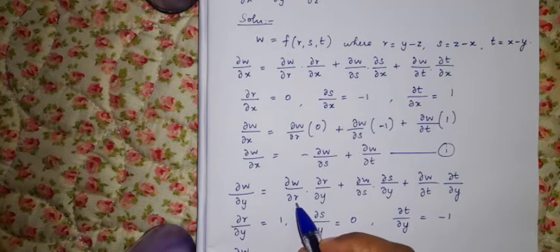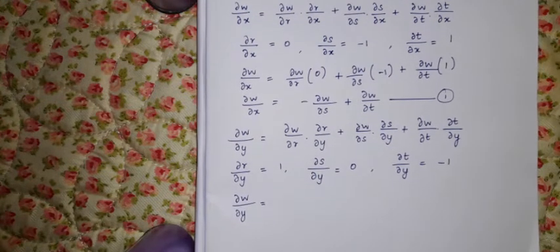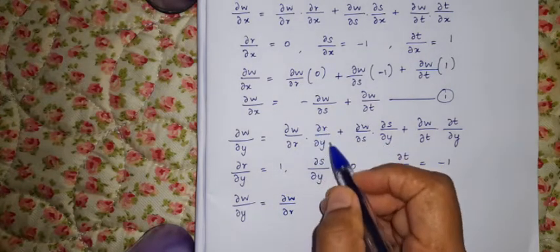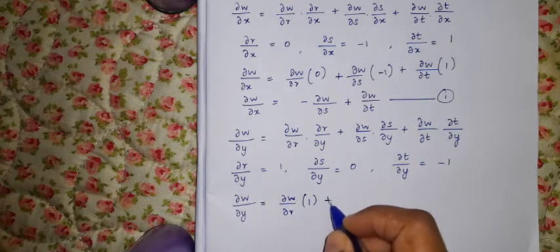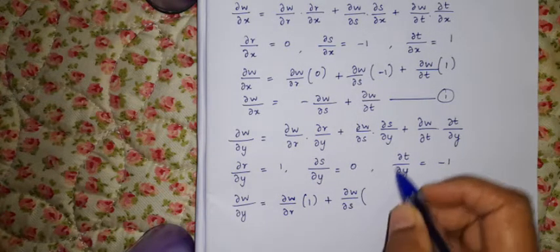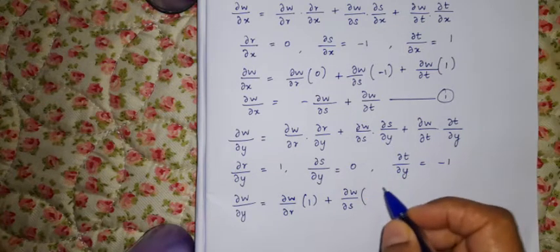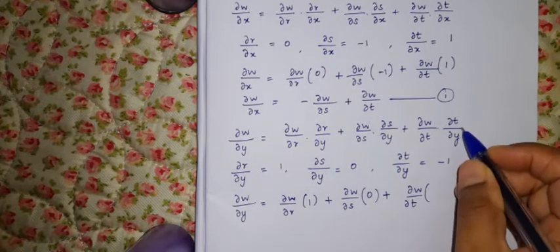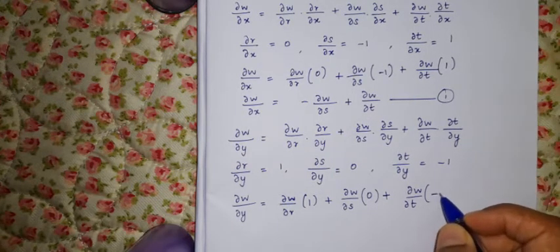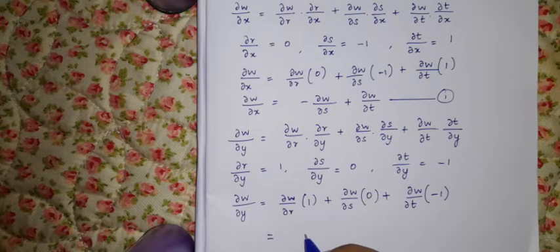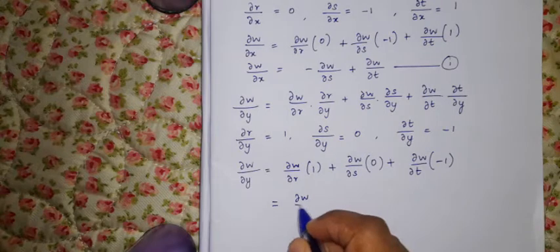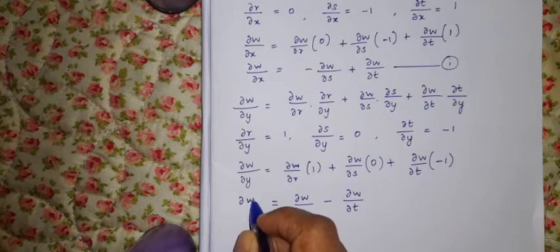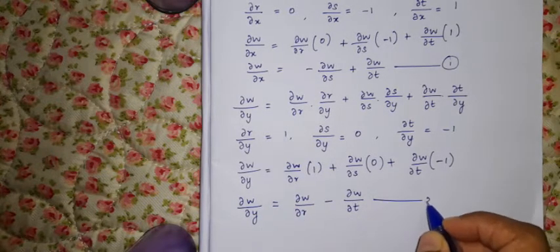Instead of ∂r/∂y, you have 1, plus ∂w/∂s into, instead of ∂s/∂y, you have 0, plus ∂w/∂t into, instead of ∂t/∂y, you have minus 1. Now this can be written as ∂w/∂r minus ∂w/∂t. This is ∂w/∂y. Take it as equation number 2.